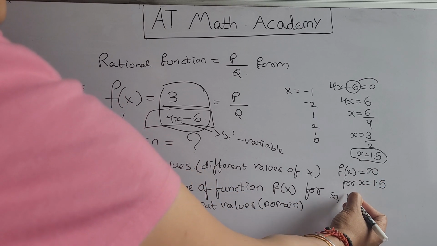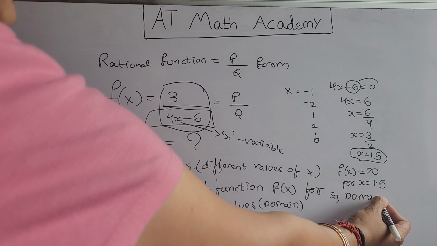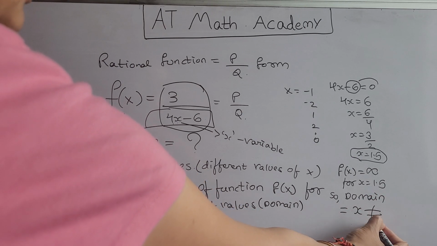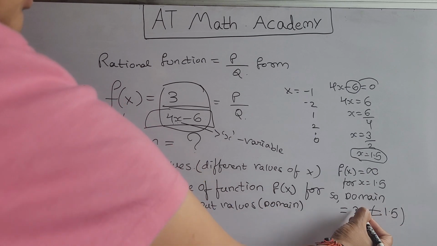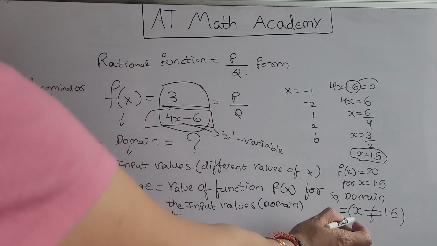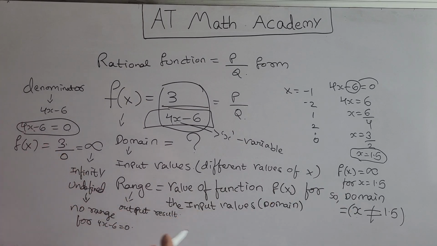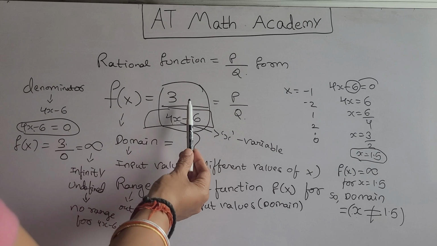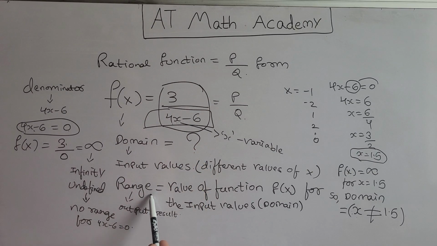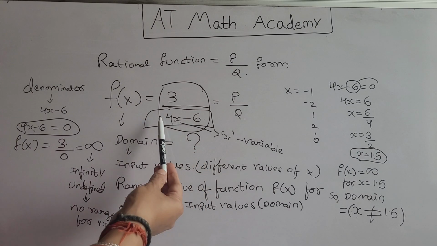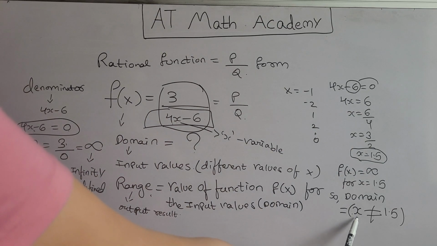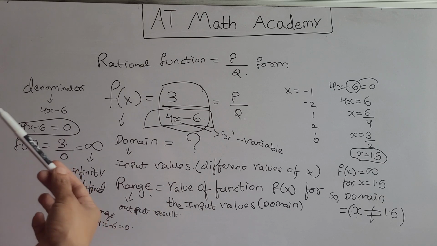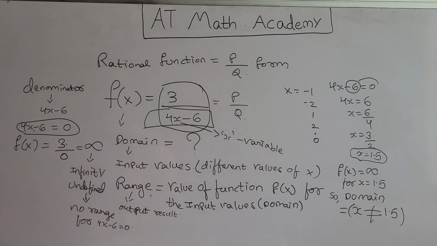So the domain is x not equal to 1.5, which means x can be any value but not 1.5. So for all values of x, this function has different output results, which is called range, and it gets the values. But when x is equal to 1.5, this function is going to be undefined. So this is how you find out the domain value.